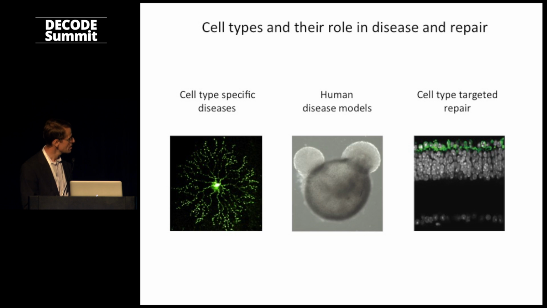Then I'd like to talk about human disease models, how we now build disease models for neurodevelopmental diseases of the eye. And finally, I will talk about our efforts to target cell types for repair in blinding and other conditions.